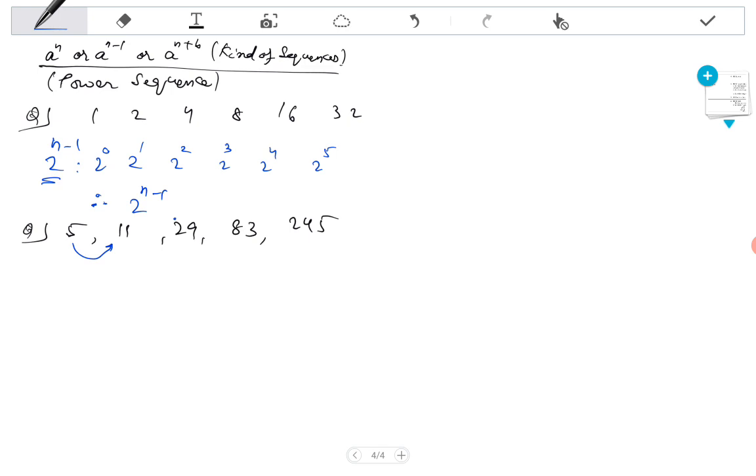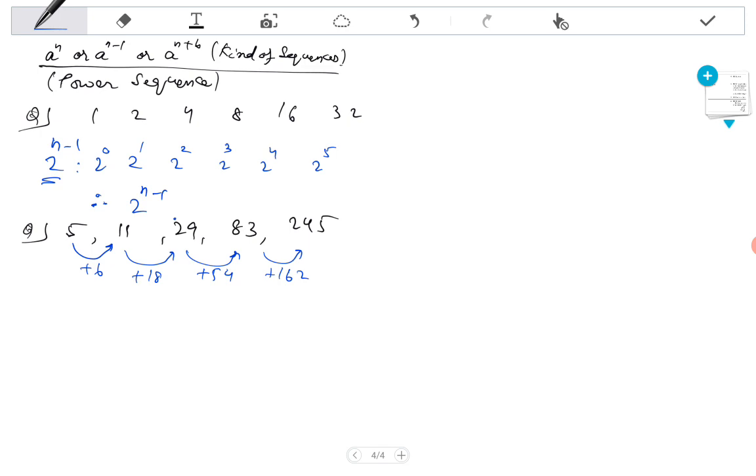You first try the differences. So if you try differences, plus 6, plus 18, plus 54, plus 108, sorry, 162.